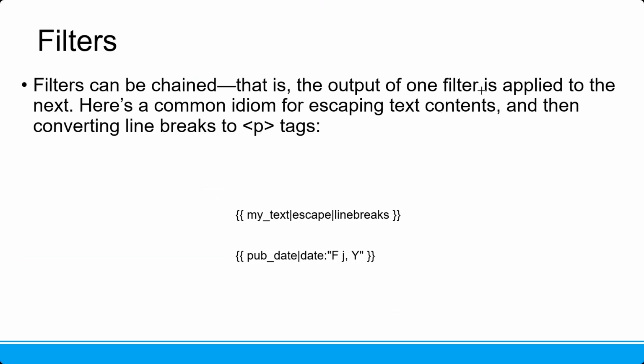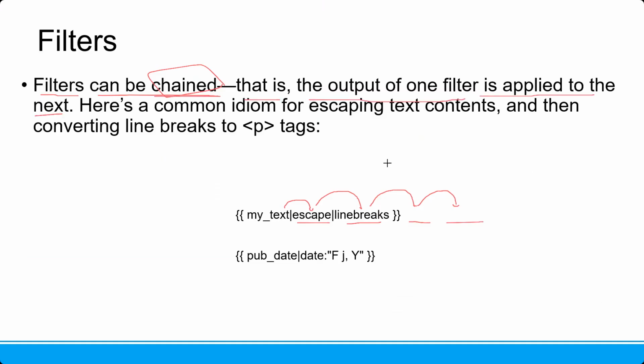The other thing we need to know about filters is that filters can be chained. You know what I mean by chain? A filter can be followed by one function, and another function, and another, and so on. It can follow with the first function, the second function, the third function, the fourth function, and so on. That's the meaning of chain: the output of one filter is applied to the next.